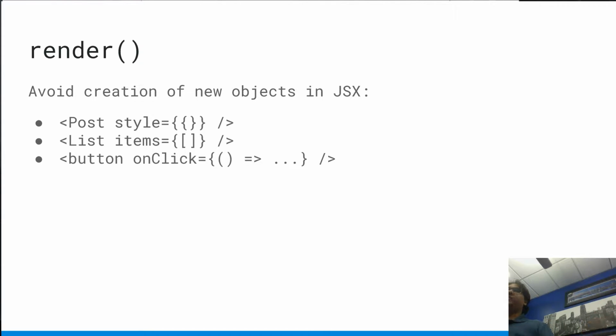And because you're writing this.handleClick, it's a static reference. It never changes in between renders. And therefore, that on-click prop won't be the reason why a re-render gets triggered.